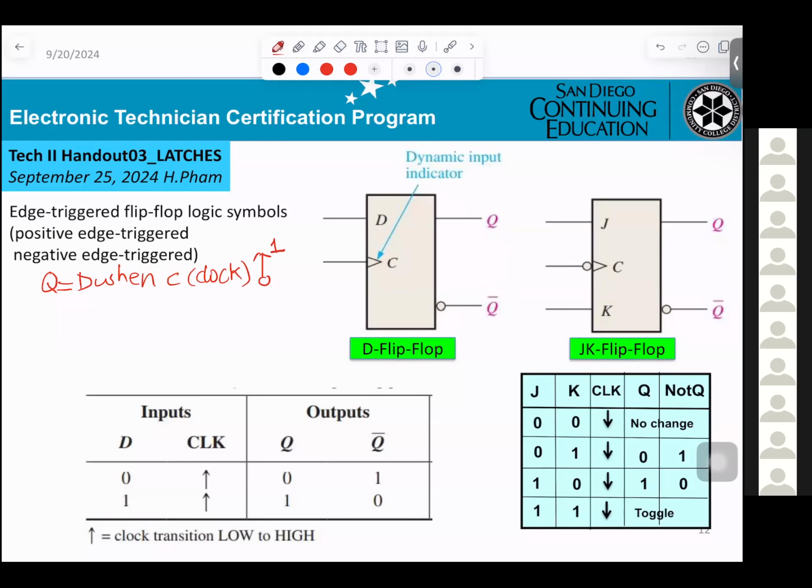That means Q only equals D when you get a clock going 0 to 1. Without a clock, Q will be no change.